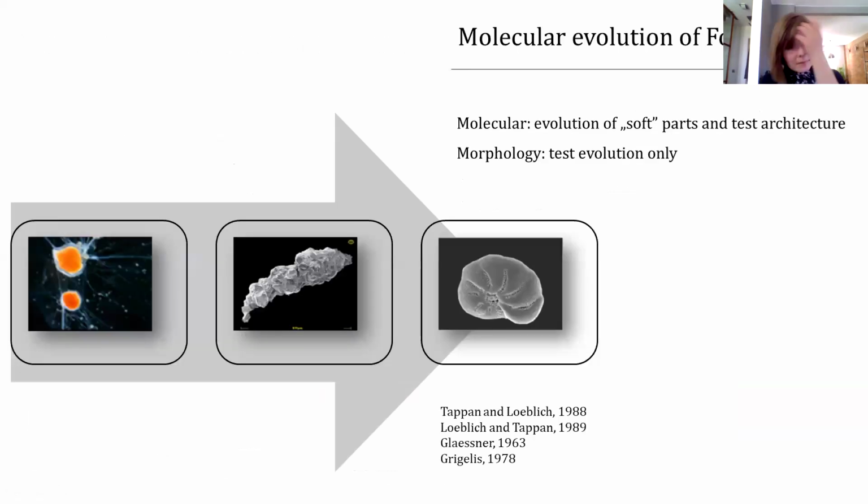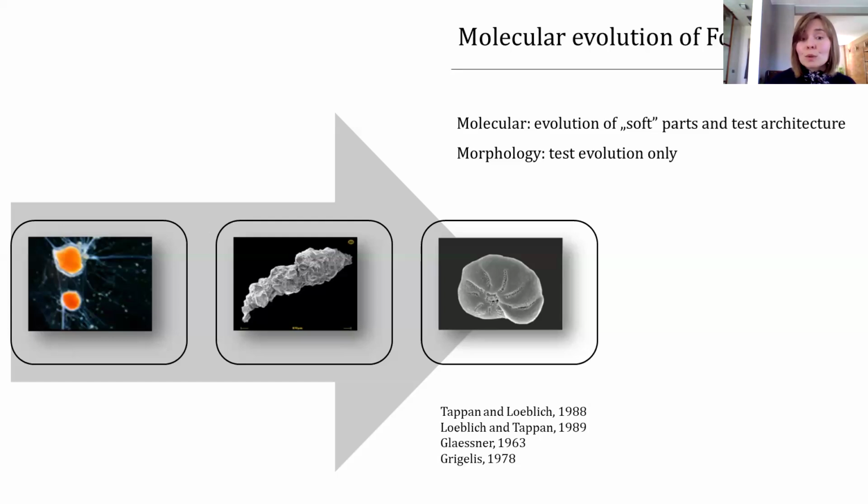But the most typical and earliest morphology-based view on the evolution of foraminifera is that foraminifera evolved from these simple monothalamous forms to agglutinated and then to calcareous tests, the most developed ones. But this was based obviously only on morphology. So in this case we can observe test evolution only.